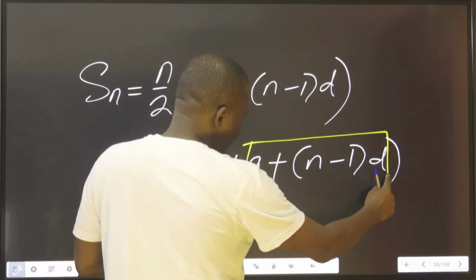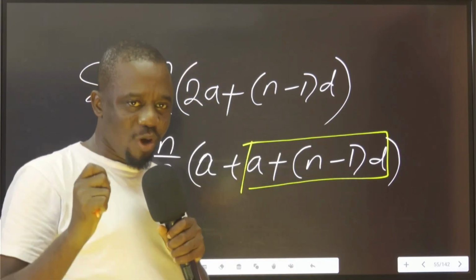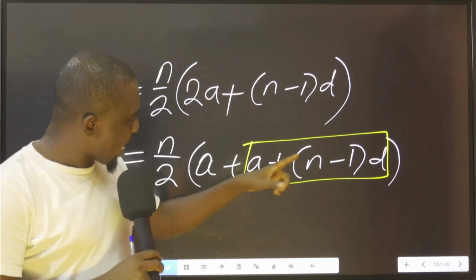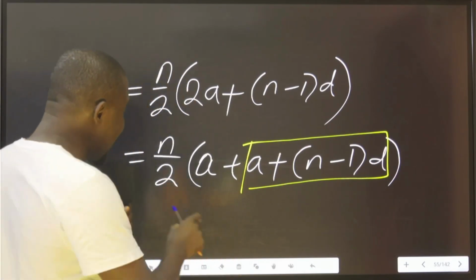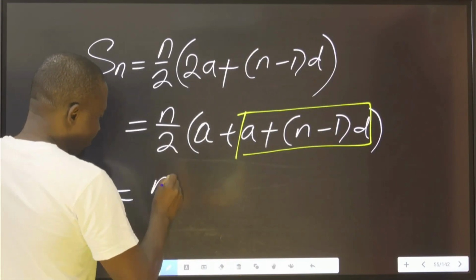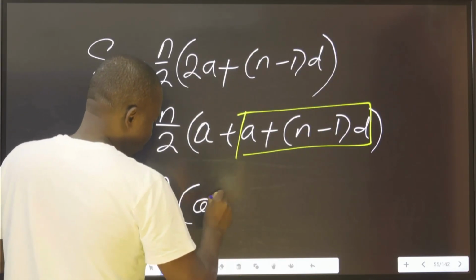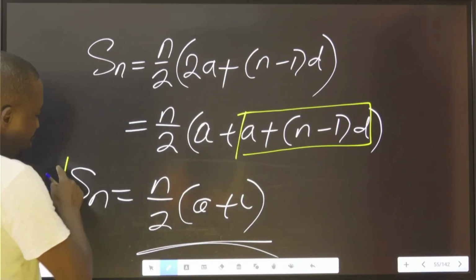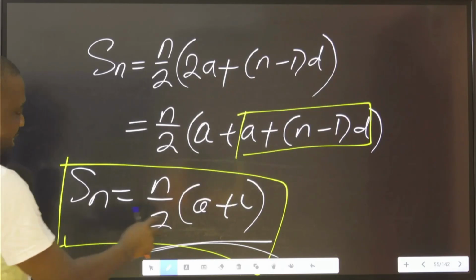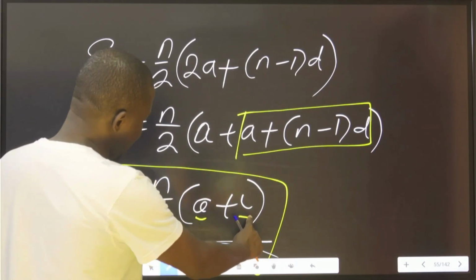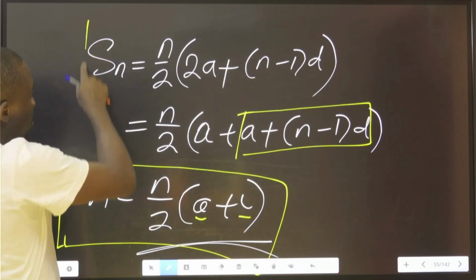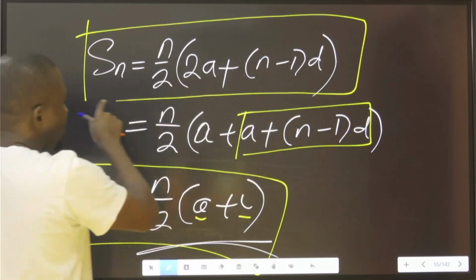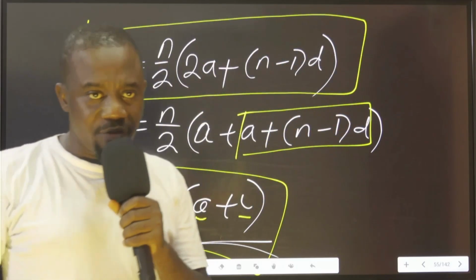This one, what do you see here? That is what? An AP. We can represent this with L. That is the last term. So, either you use this, that is the first term plus the last term, n over 2, or you simply do this, if the last term is not given to you.